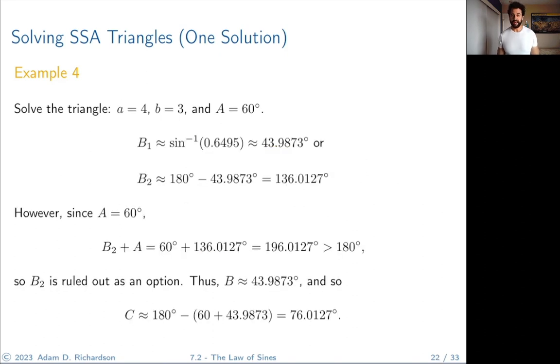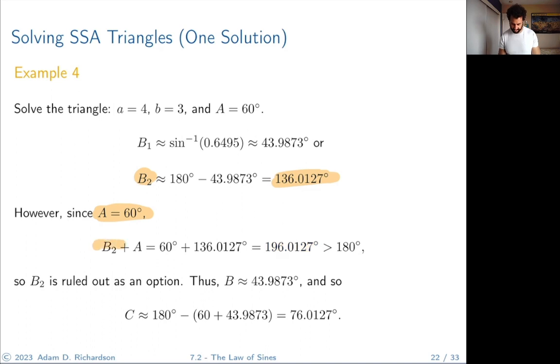We know that A is 60 degrees. So since A is 60 degrees, if we try to use B2 as our other angle, the angle that we want to be angle B, well, what happens is they sum up to a value that's larger than 180.